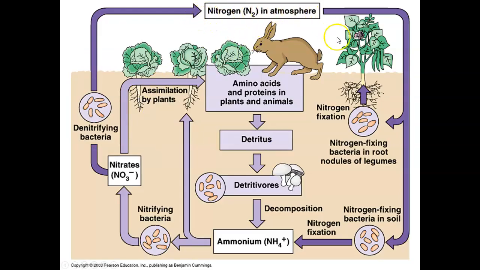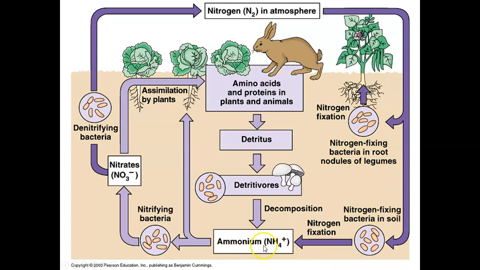So this is just showing nitrogen fixation. This is actually a figure from a Pearson textbook. Nitrogen in the atmosphere is known as nitrogen gas, and plants can't use nitrogen gas. About 78% of our atmosphere is nitrogen, but it's in an unusable form. So we have bacteria that live in the roots of our plants that take in that nitrogen and convert it to a form that plant cells can use, known as ammonia.